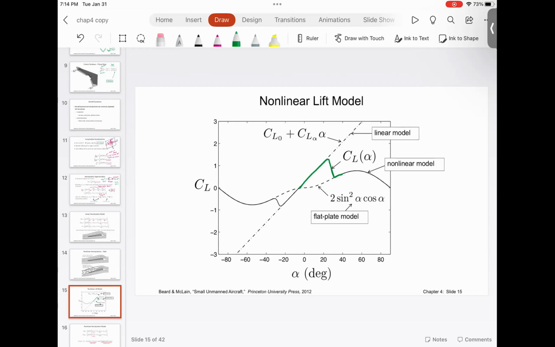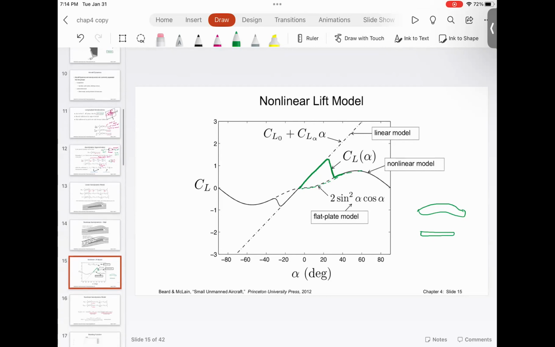If you look at a flat plate model, so imagine you don't have an airfoil but a flat plate, you can derive the lift expression in closed form. The equation given here, 2 sine square alpha cosine alpha, is the flat plate assumption of the airfoil. It will show you a lift pattern something like this. But for UAVs or MAVs that we are going to study, we are going to work in the linear region of the lift model.